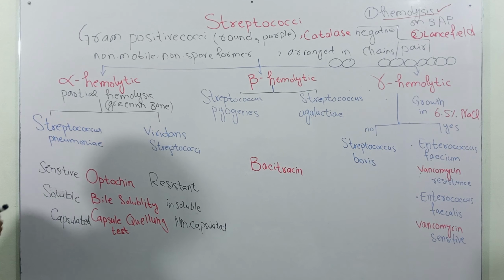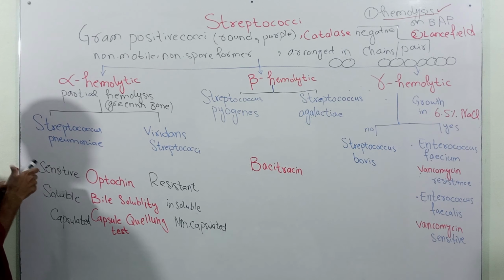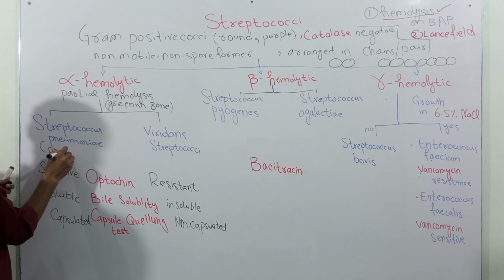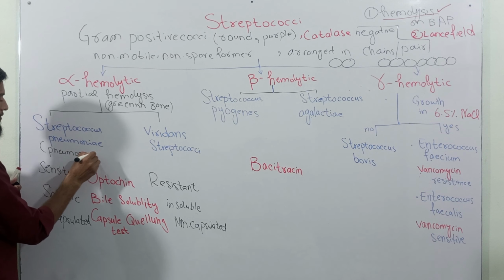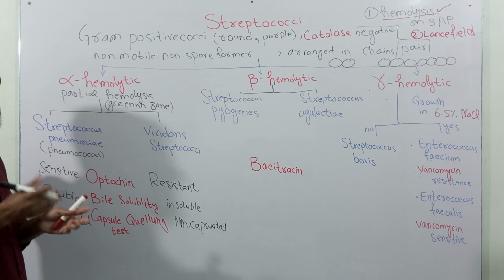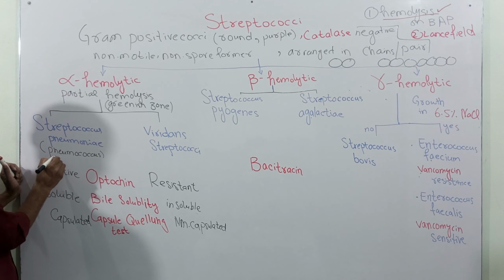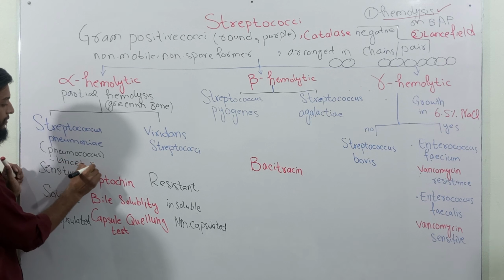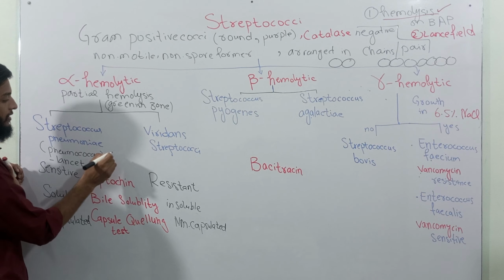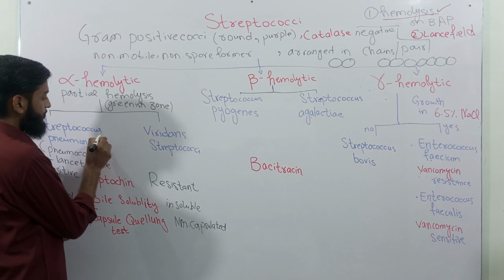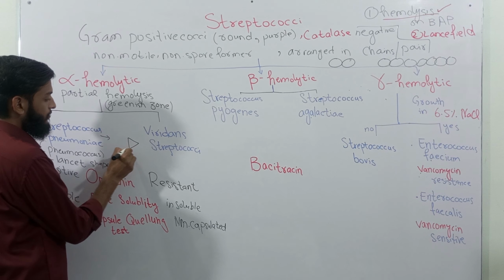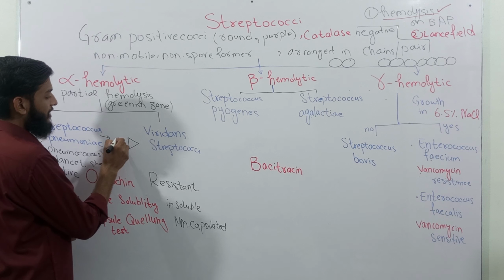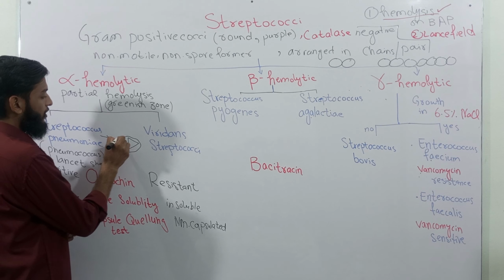I already told you Streptococcus pneumoniae are also known as pneumococcus. After gram staining under the microscope, they appear lancet-shaped, and around this lancet shape they contain a capsule.